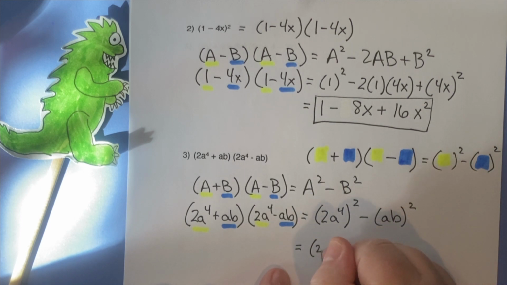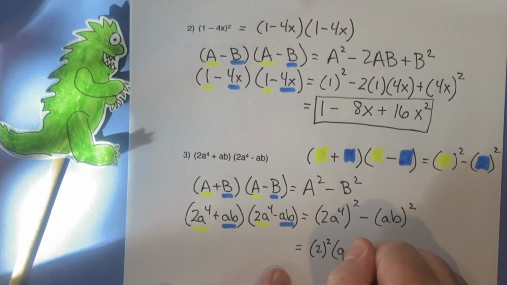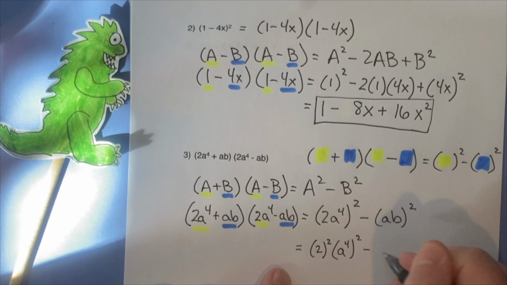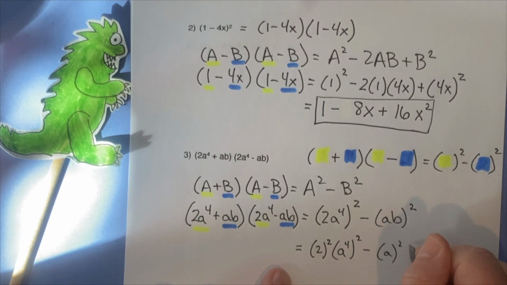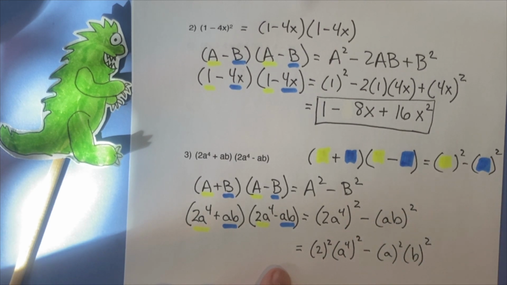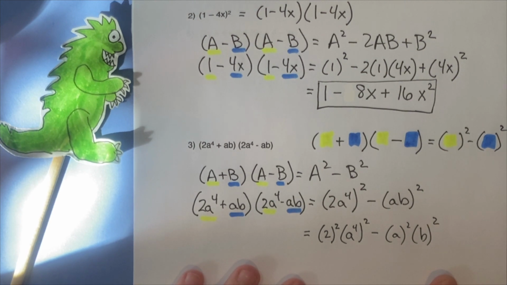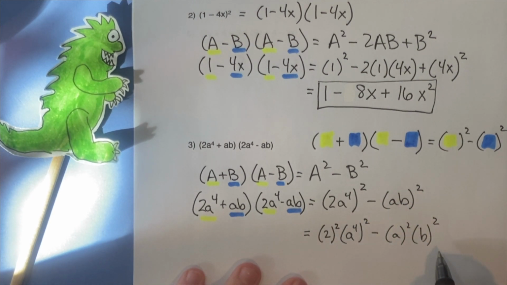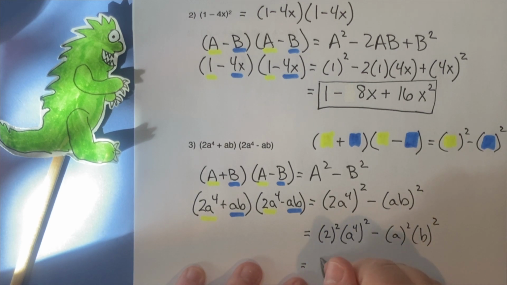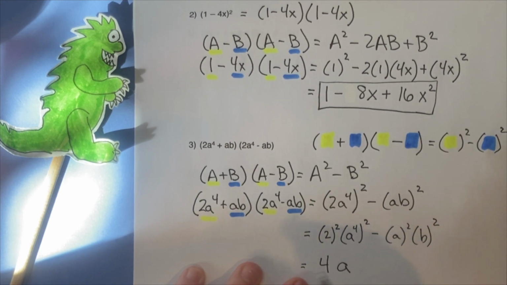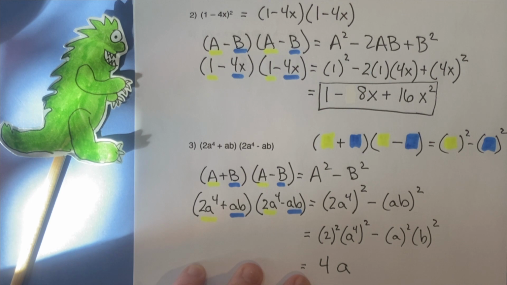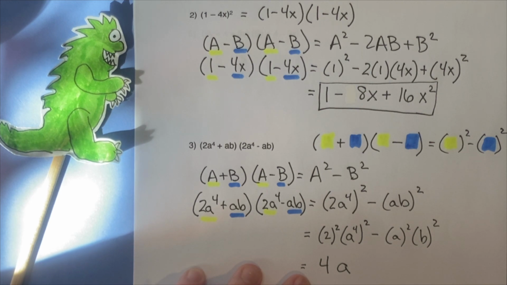So this is going to be 2 squared and a to the fourth squared minus a squared b squared. And some folks are like, why are you writing it out? And the answer is, this is more complicated. Do you have to write it out like this? No. Skip these steps. If your brain already knows how to do this, awesome. If your brain is, you know, like mine, needs a little bit more help, then write more out. You do you.